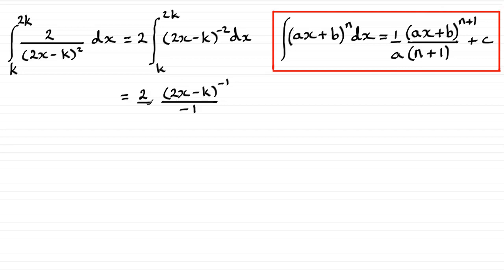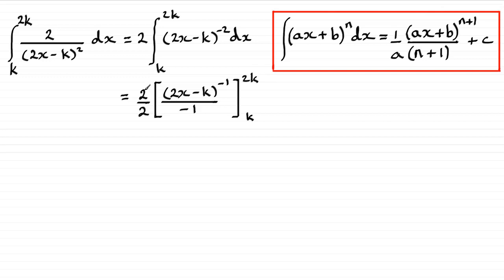So I'm going to slip that 2 down there. And I'm going to insert square brackets just between our constant here and the function of x in here. Okay, and so we've got our limits going from k to 2k.